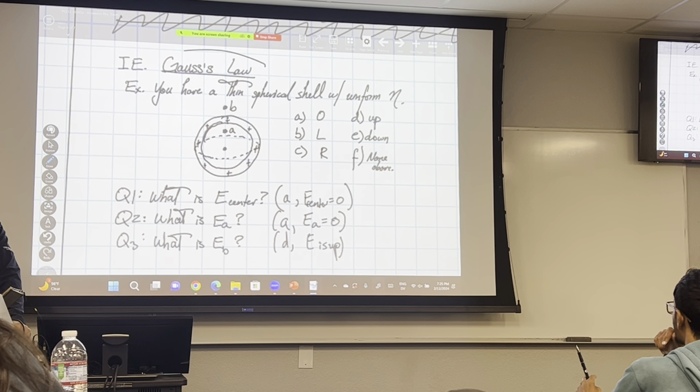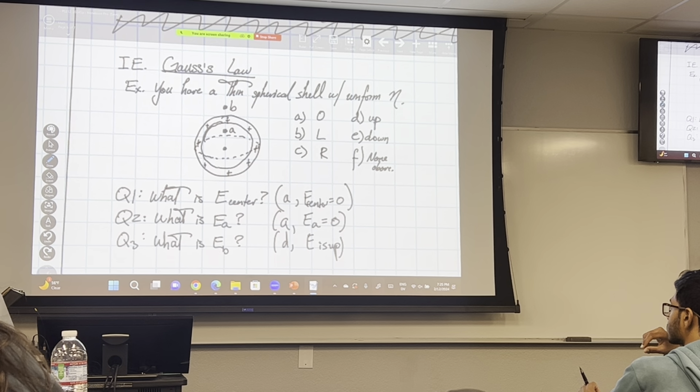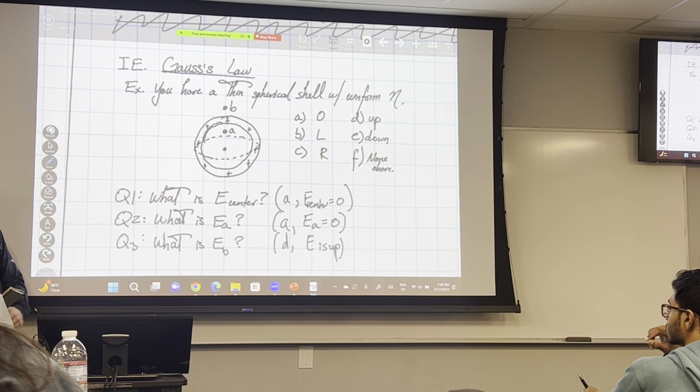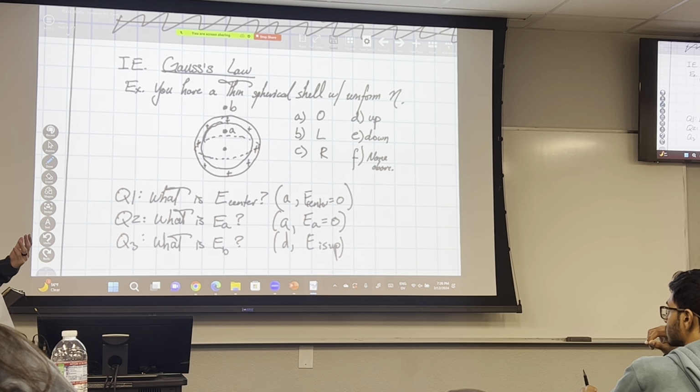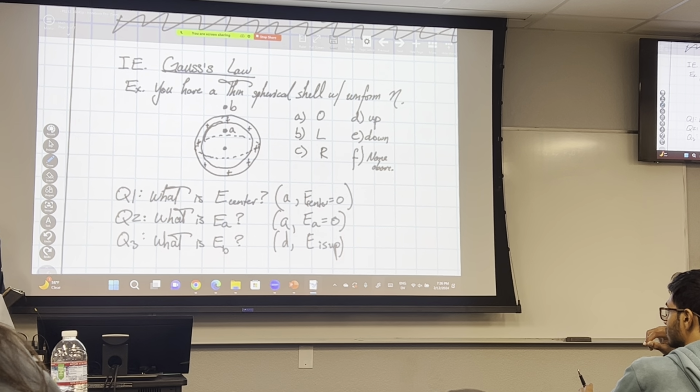This is where Gauss's law comes in. Technically, Gauss's law is not providing us any additional new information. Gauss's law, just like Coulomb's law, is giving us a relationship between charge and the electric field. However, Gauss's law approaches the same topic from a slightly different angle, and it's going to give us tools where Q2 and Q3 become almost as obvious as Q1, as long as you didn't think it was a trick question.